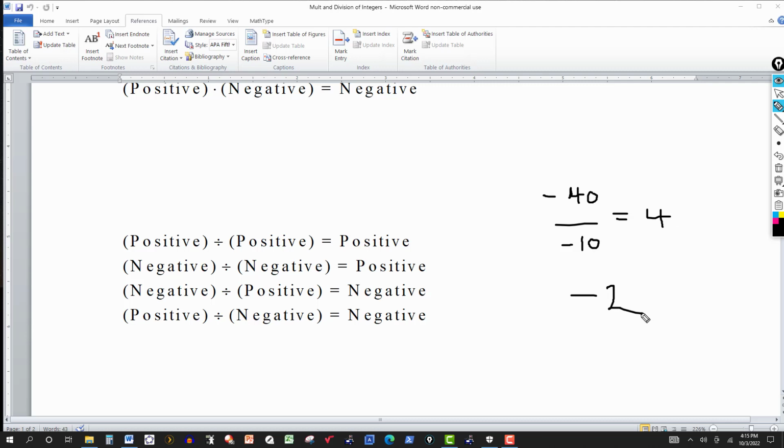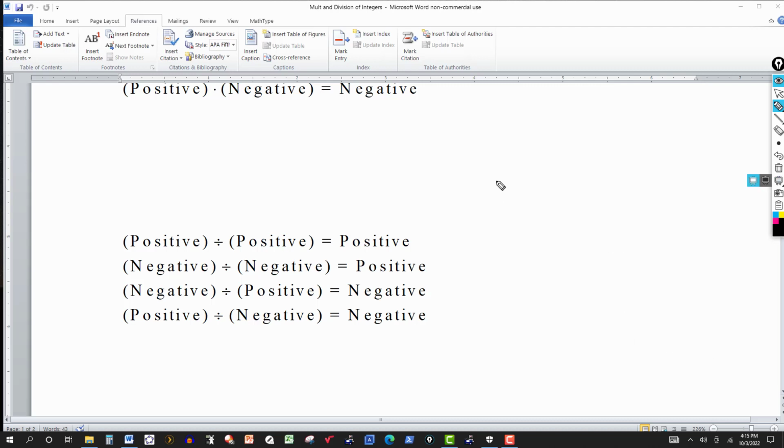Negative 2 over 5. So it's a negative divided by a positive. The answer is going to be negative. And this doesn't reduce, it's already in lowest terms, so I can just leave it as negative 2 over 5. Negative divided by positive is a negative.